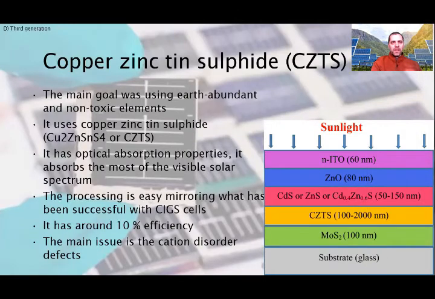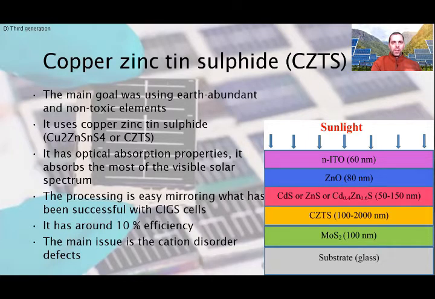The challenge of finding alternative solar cell materials based on earth-abundant and non-toxic elements prompted the exploration and development of copper-zinc-tin-sulfide within the thin film PV industry.